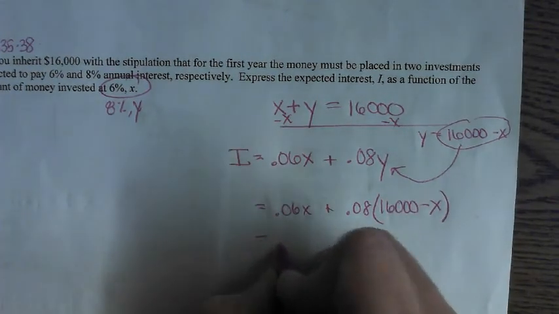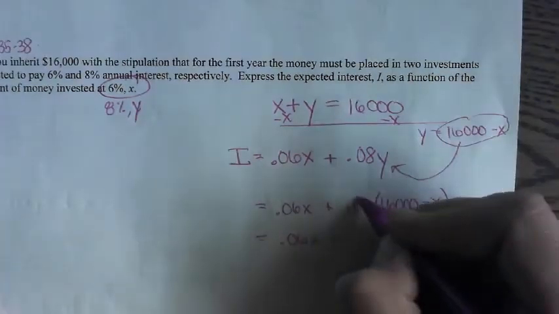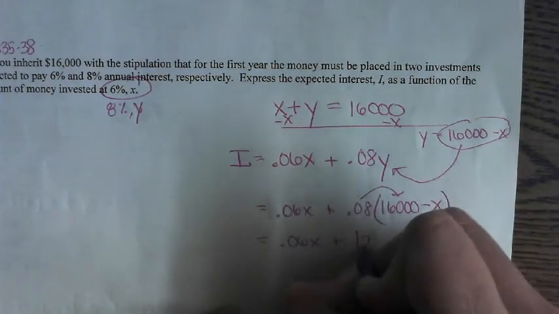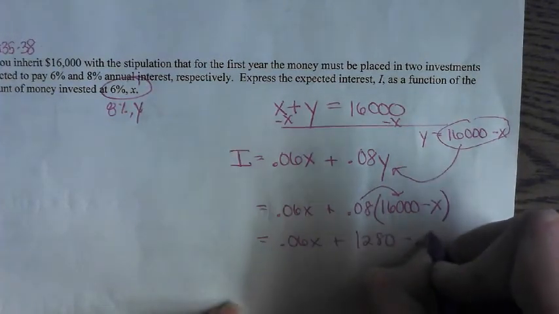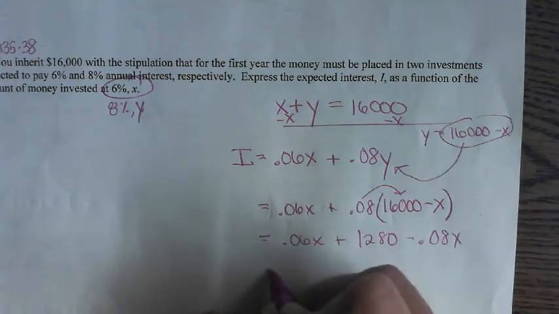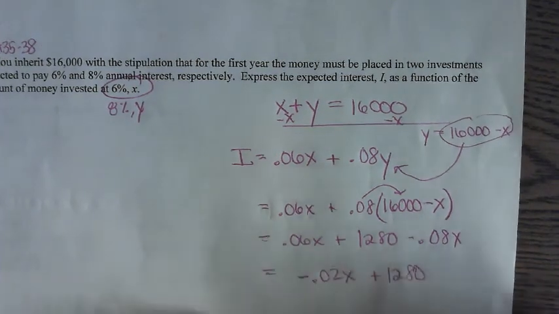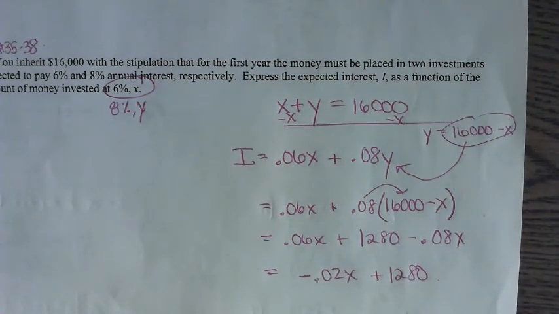I'll do that because they probably will say simplest form. $12.80. Any questions?